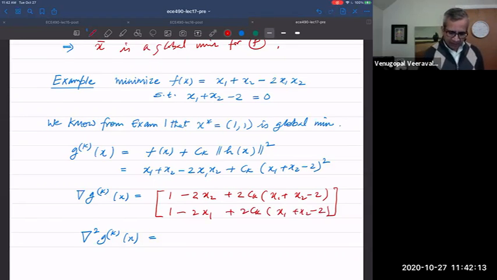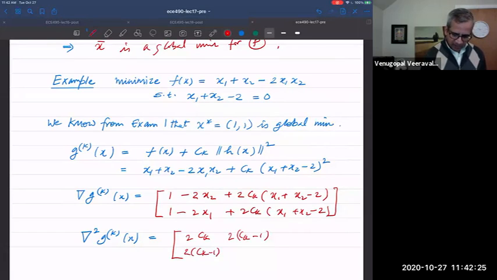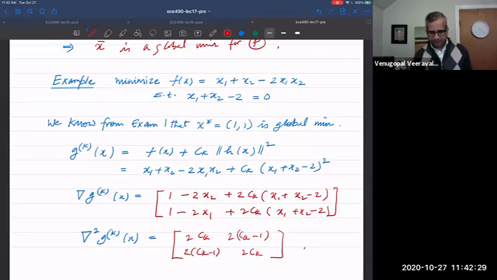Okay, and if you look at the Hessian, you get 2ck, 2ck minus 1, 2ck minus 1, and by symmetry, this is also 2ck. So you get that.